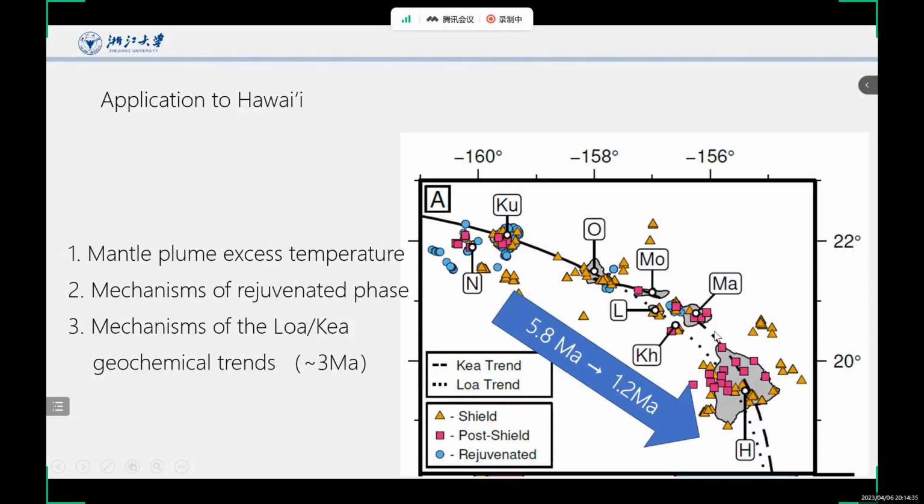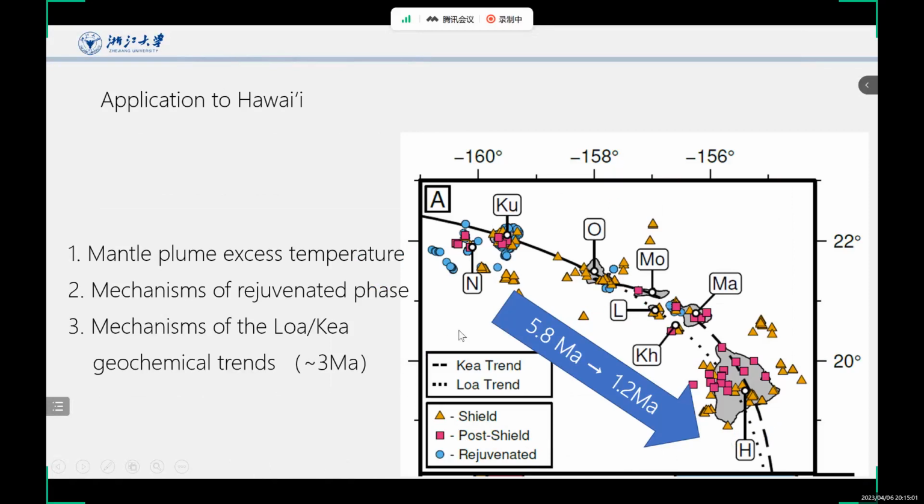They have different isotopic features, and there are three phases of the volcano. They are the shield phase, the post-shield phase, and the rejuvenated phase.